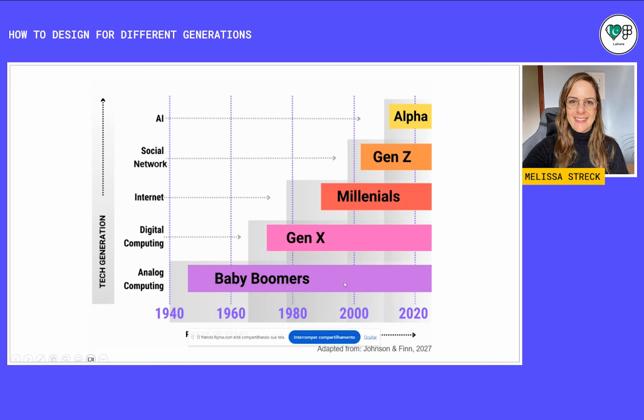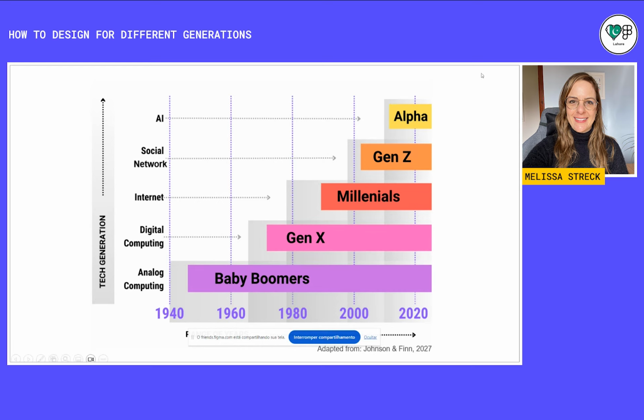It's very interesting to observe that the baby boomers were born in the analog computing era, and those who are in their 70s and 80s can engage with more recent technologies, like social networks, and maybe also AI.